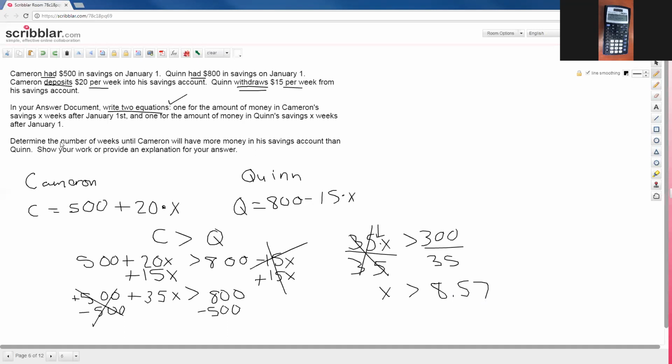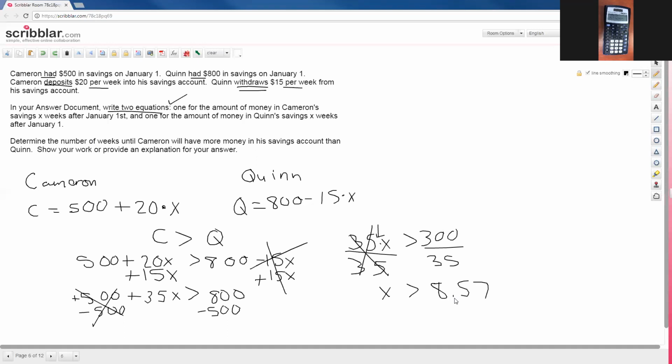So the other thing though is that this is a real life application. It said determine the number of weeks. So the number of weeks needs to be an integer. They don't want 8.57 weeks. We don't usually talk about weeks that way. They want an actual number of weeks. So for this to happen in this real life situation, we actually have to always round up.